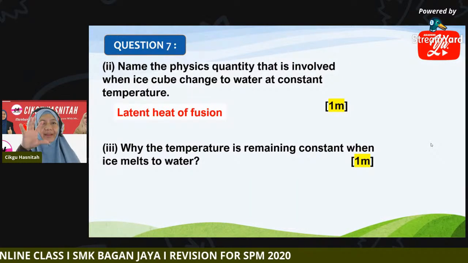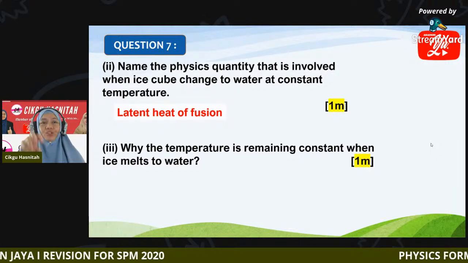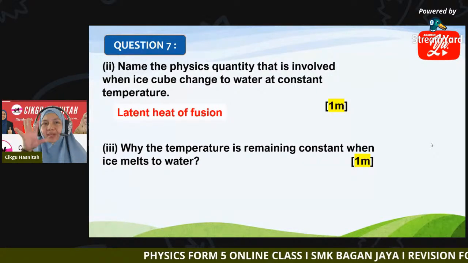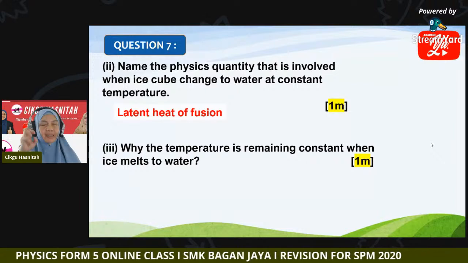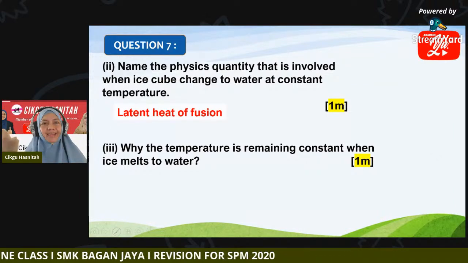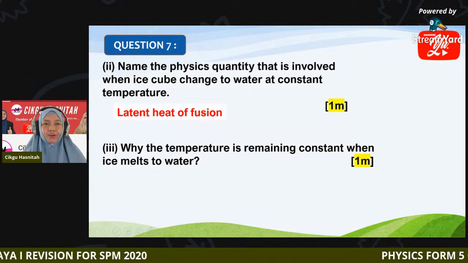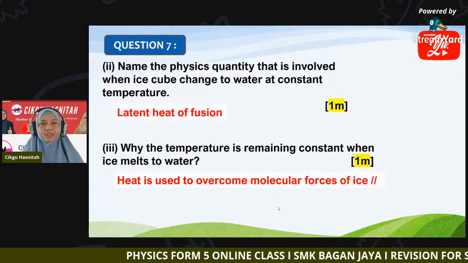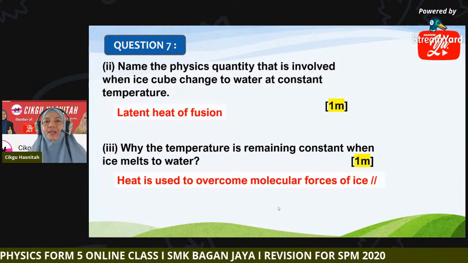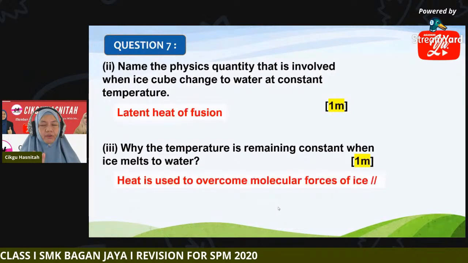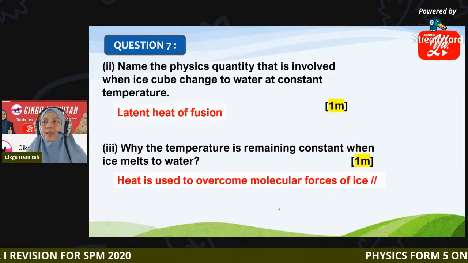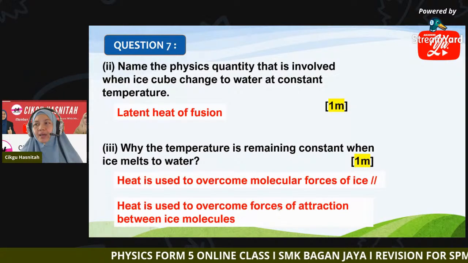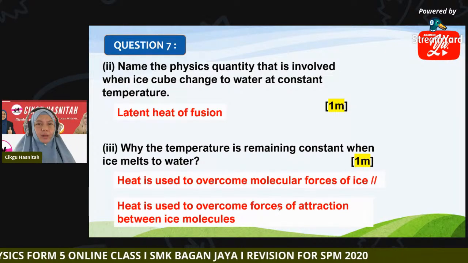Why is the temperature constant even though heat is absorbed? Can you tell why? Even though the heat is absorbed, the temperature remains constant. So what is this heat used for? This is because the heat is used to overcome the molecular forces of the ice, or you can say the heat is used to overcome the forces of attraction between the ice molecules.